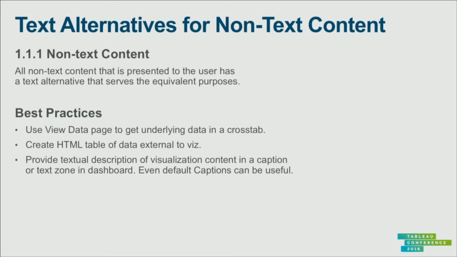All right, so let's go into it and get started. The first big thing, and this is a huge one in Tableau, is having text alternatives for non-text content. Of course, a visualization is a lot of non-text content, so this is key for a Tableau visualization. There are a number of best practices here. Tableau has view data functionality, so you can see the data behind a visualization in a tabular format.